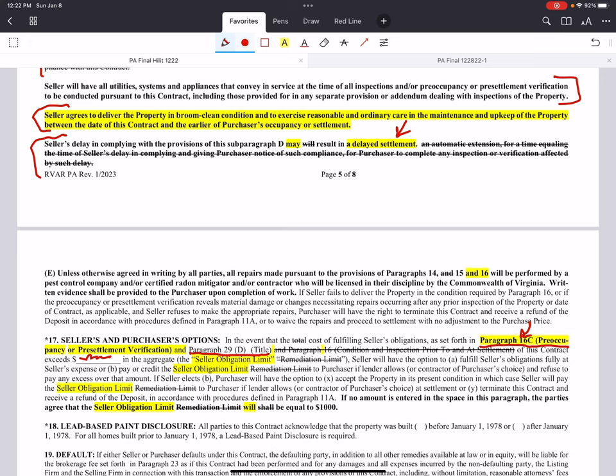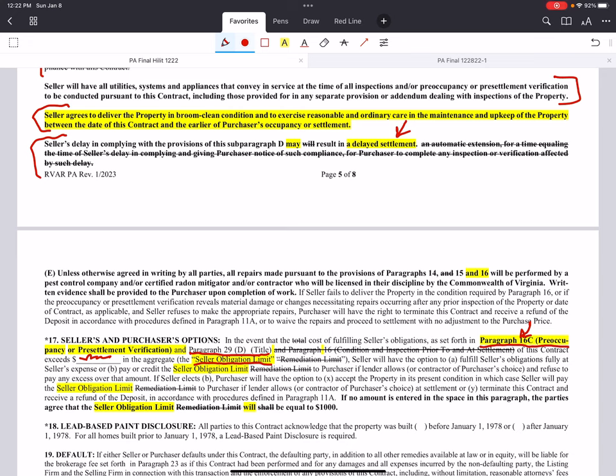The other thing we did, and we kind of struggled on this, was to rename the remediation limit. We felt like that it just conjured up those things that we'd been so used to. So we tried coming up with some terminology that got us away from using the term remediation limit. And what we came up with, which was good, seller obligation limit, because that's exactly what it is.